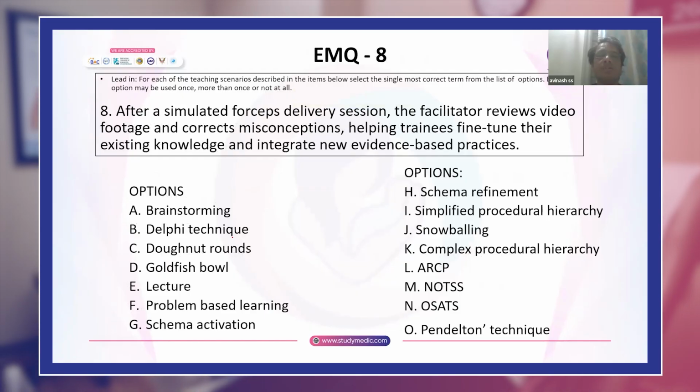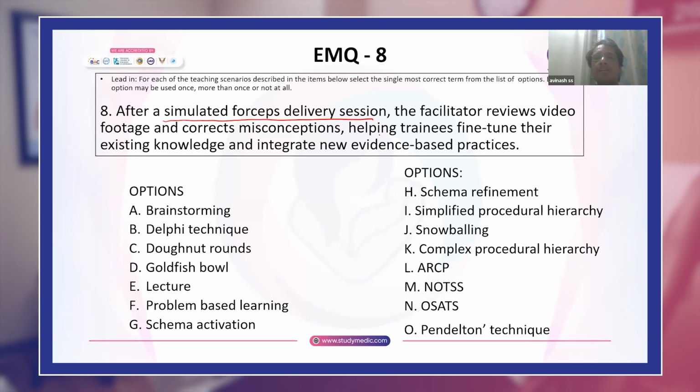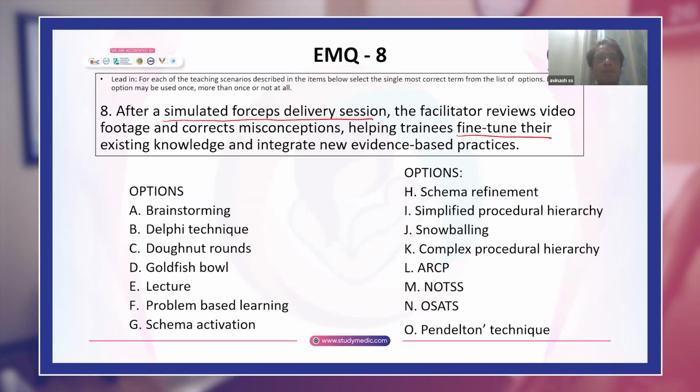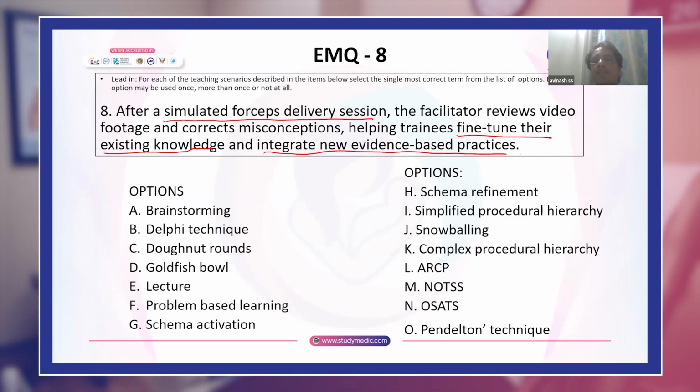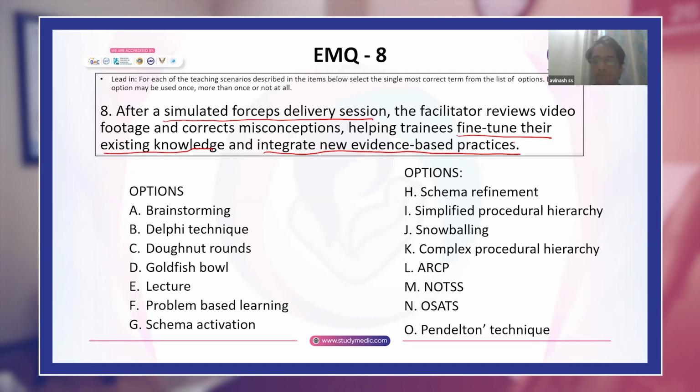Another scenario: a simulated forceps delivery session is being planned or conducted. The facilitator initially reviews the video footage and corrects the misconceptions. He helps the trainees fine-tune their existing knowledge and then integrate these new evidence-based practices into their forceps delivery session.